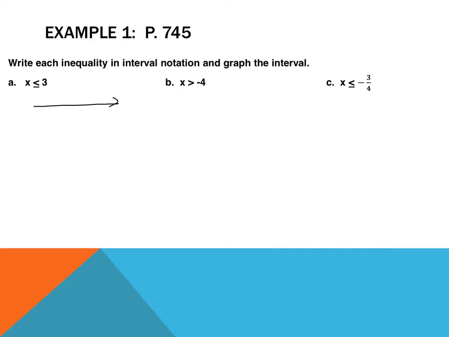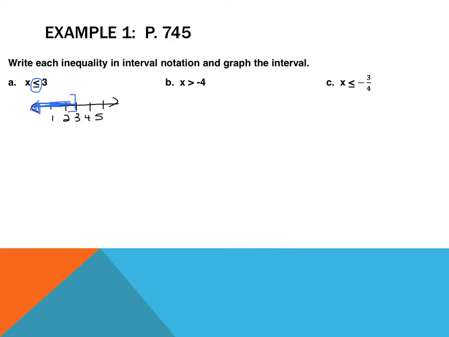So for A, x is less than or equal to 3. Okay, so here's my number line. Less than or equal to 3, that means that the 3 is included, so if it's less than or equal to, then it's a bracket, and less than is to the left, and you're going to shade the arrow.